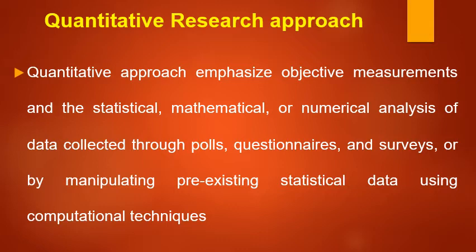So the quantitative research approach simply means that you are approaching the samples in order to get numerical data as your information, right? The information can be collected through polls, questionnaires, and surveys, or by manipulating pre-existing statistical data, right? This is about the quantitative research approach.